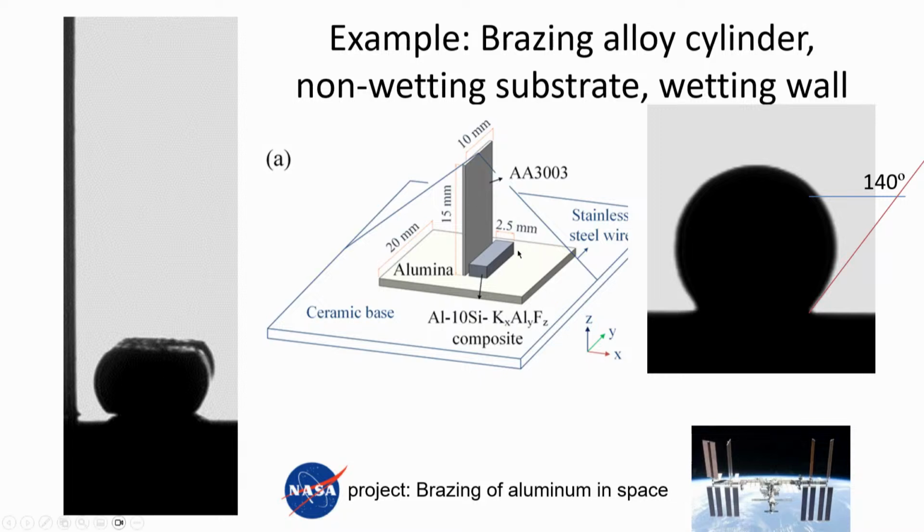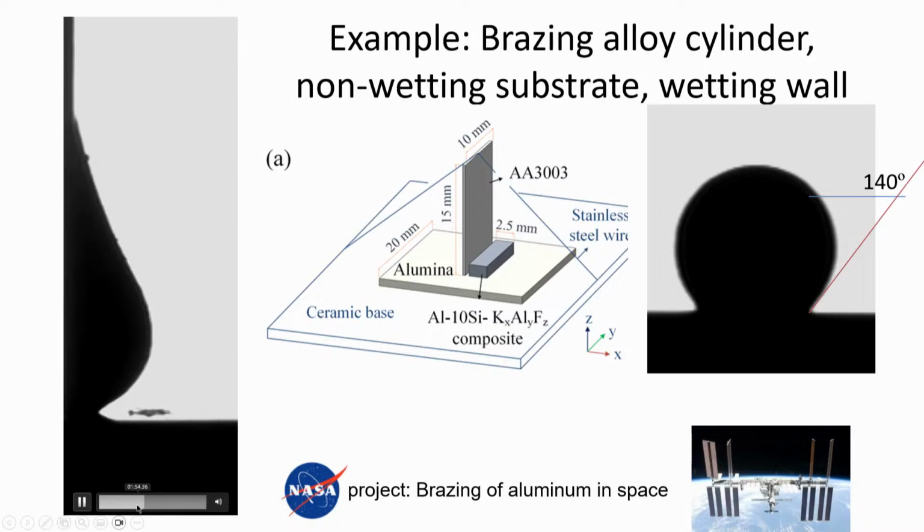When this is melted, it will tend not to wet the bottom substrate, but it will want to wet the wall. So as we start heating it and melting it, here's what happens, and I will accelerate this movie a little because it takes a really long time.